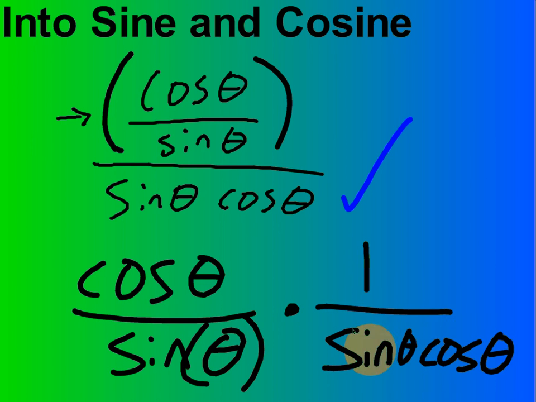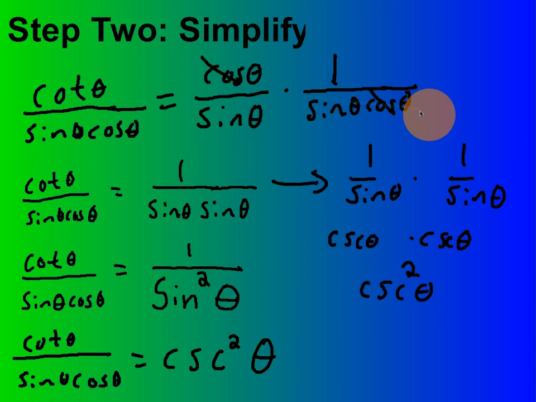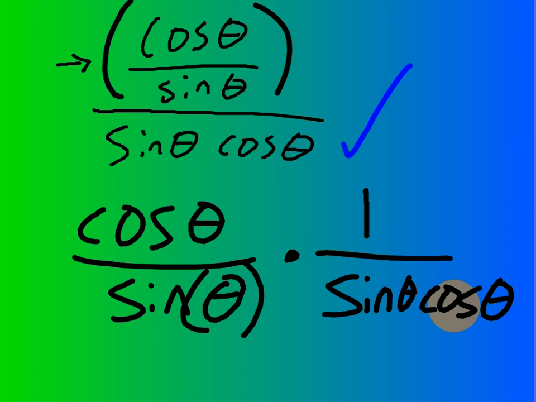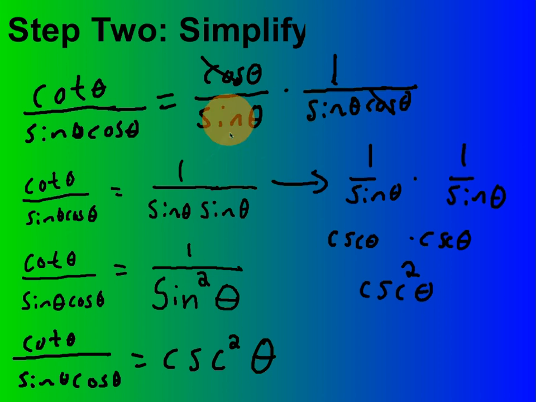Now we can see what? There's a cosine of theta up here. There's a cosine of theta down there. We can cancel those. And now we're just left with 2 sines of theta on the bottom. And you can see that here, once we cancel these cosines, we're just going to have 2 sines on the bottom. So now we have 1 over sine of theta times sine of theta.